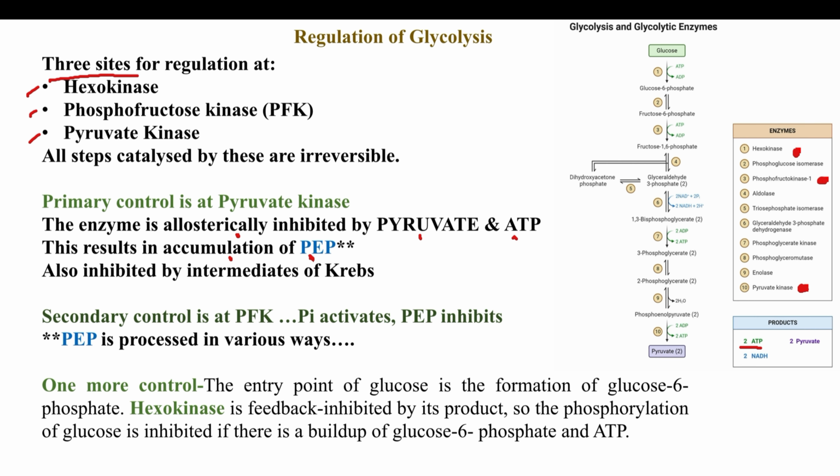Krebs intermediates also inhibit pyruvate kinase. Secondary control is that PFK and PI will activate it, and the product PEP, if formed, will inhibit. One more control is at hexokinase, and in some cases it can be shown to inhibit or regulate the process.